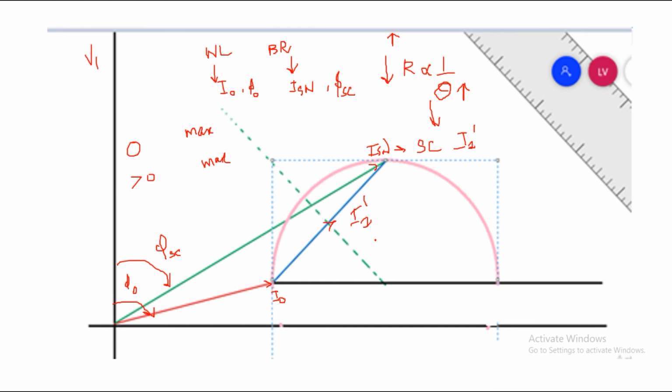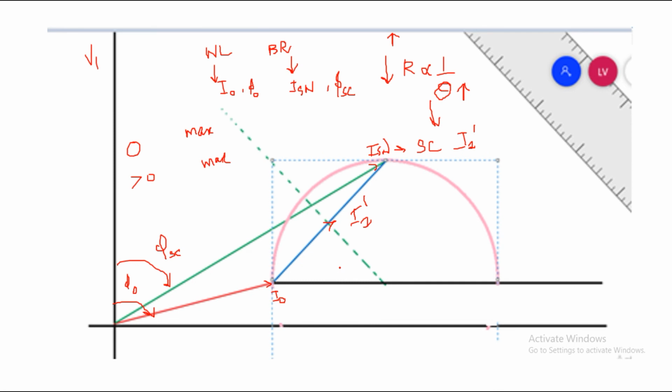So the only possible way of obtaining I2 dash is first to separate the range of I2 dash as the no load value and the short circuit value. And for the short circuit value we go with some ratio approximation by conducting the blocked rotor test. So now I hope the reason for taking I2 dash as the resultant of I0 and IS is clear.